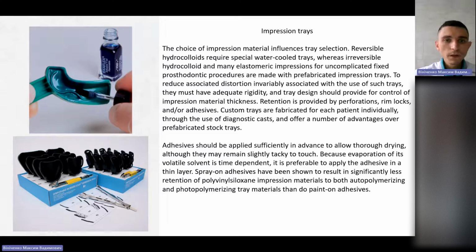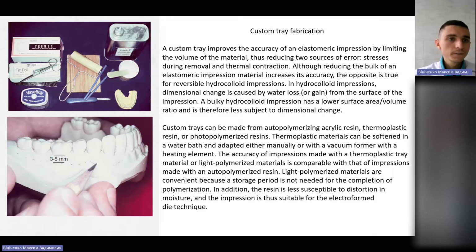It is preferable to apply the adhesive in a thin layer. Spray-on adhesives have been shown to result in significantly greater retention of polyvinyl siloxane impression materials to both autopolymerizing and photopolymerizing tray materials than paint-on adhesives.